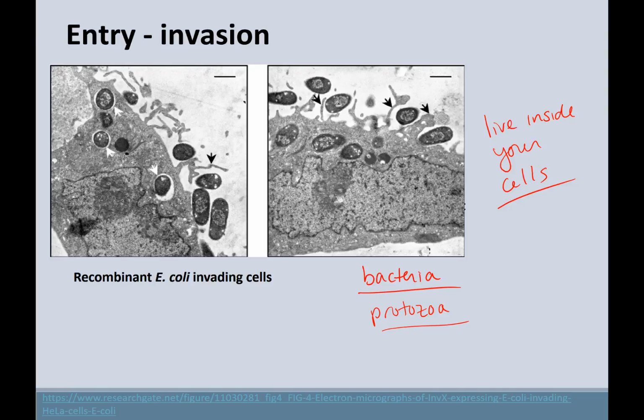Rickettsia does that. Like I said, malaria lives inside your red blood cells. Sometimes the pathogen can trick your cells into taking it inside. Here's some E. coli inside a cell, and they hide away from the immune response. They find a nice little niche where they can grow and divide. All right, so when we come back, we will talk about exit and transmission.